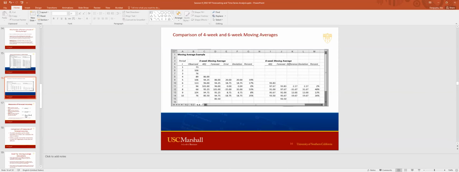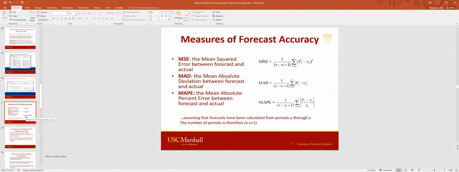Let me go back to the slides. Now, it's interesting. You have already figured out how to calculate these measures of forecasting accuracy. This is just going the other way around. We typically give you formulas first, and then we tell you to convert that into Excel.